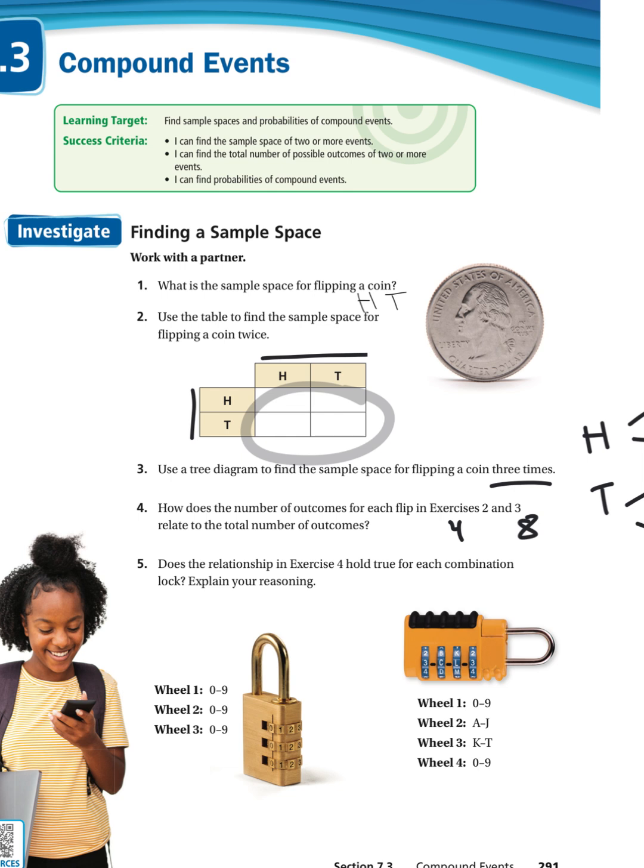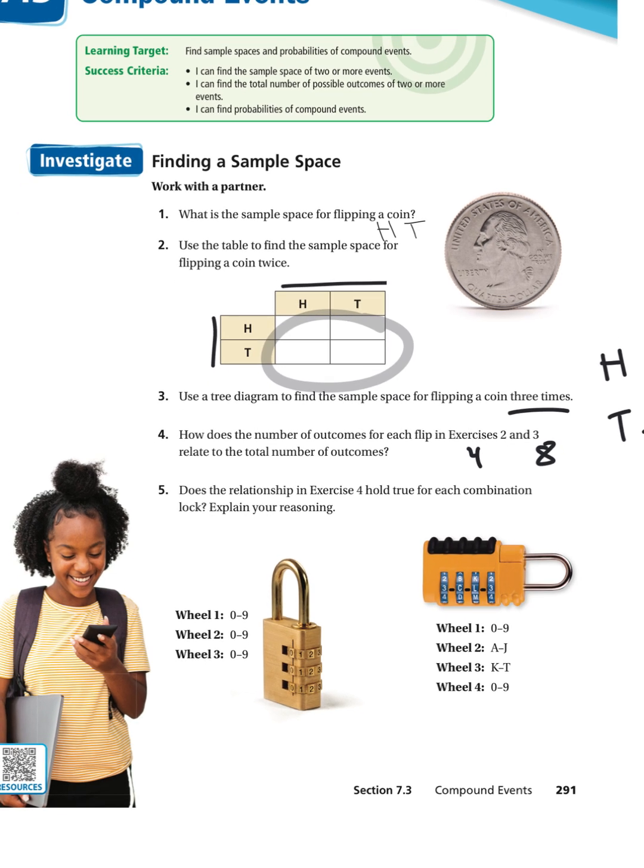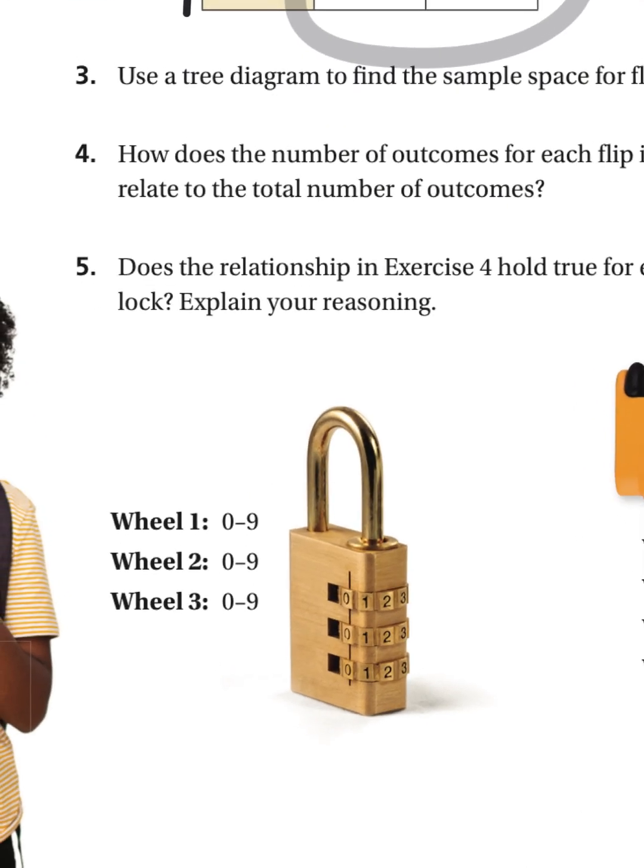Okay, does the relationship in exercise 4 hold true for each combination? Lock. Wheel 1, 0 through 9. Wheel 2, 0 through 9. Wheel 3, 0 through 9. Well, given that this is a 3-digit number, we could have any number between 000 and 999, which is 1,000 different outcomes, which is the same as 10 times 10 times 10.